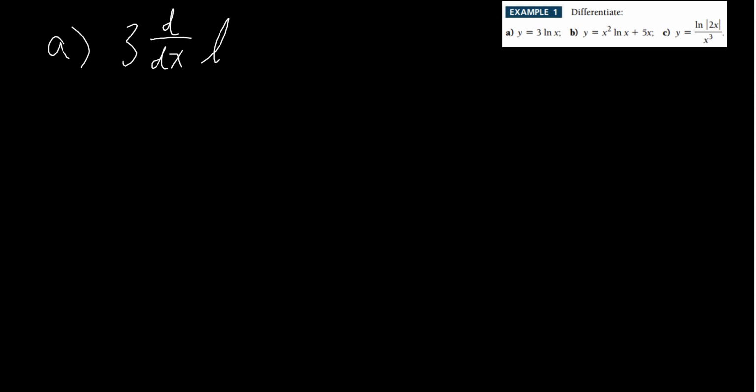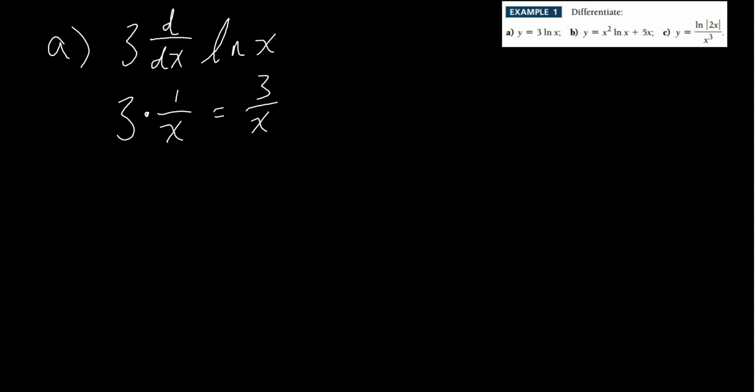So we're going to take the derivative of natural log of x. We were just told that the derivative of natural log of x is 1 over x. So we're going to have 3 times 1 over x, or in other words, 3 over x.